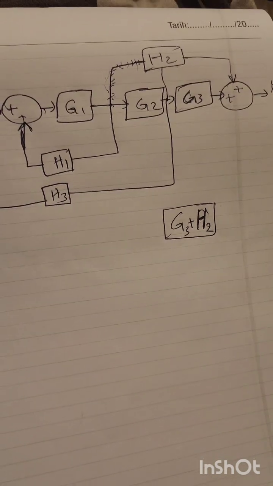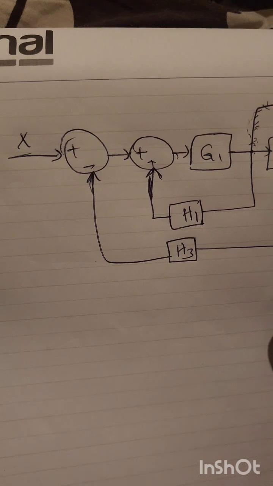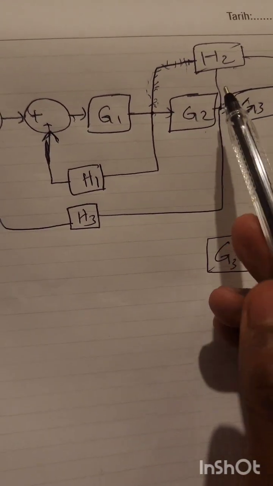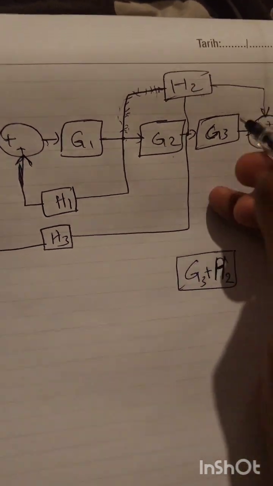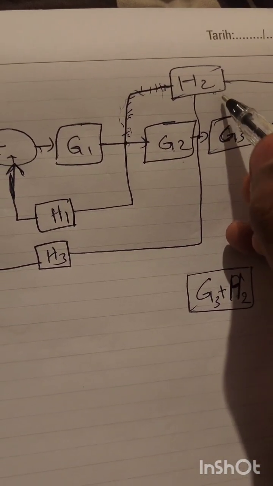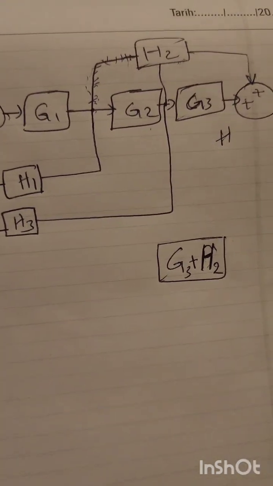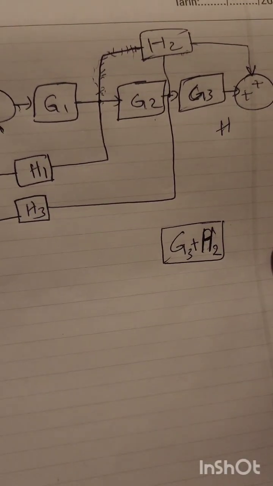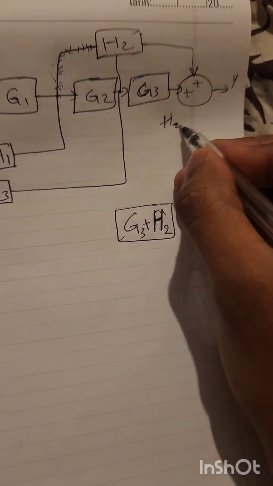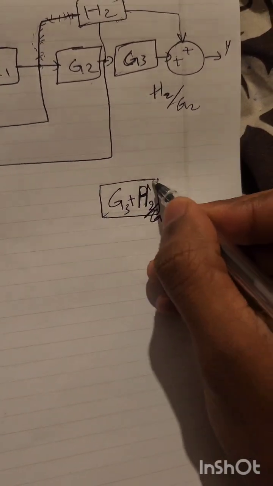So we have G3 plus H2, and here after we remove this one, and sorry, it's not going to be simply H2, it's going to be H2 over G2. So here it's going to be H2 over G2.